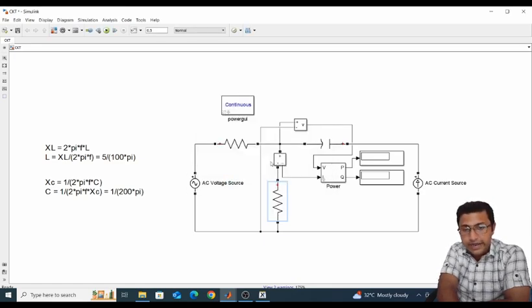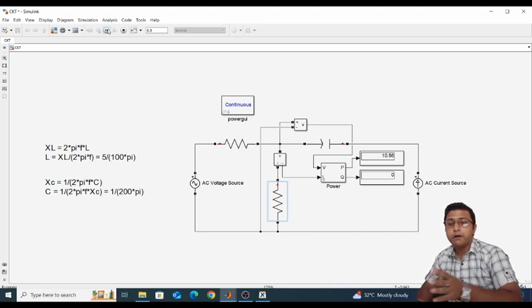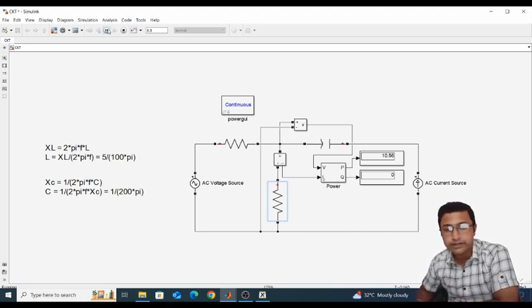Across this load terminal the voltage and current will be measured, and by the product we can get P, the active power, and Q, the reactive power. If I run the simulation, look, the active power is 10.56 watt. It is exactly similar to our theoretical calculation, and the reactive power is 0.